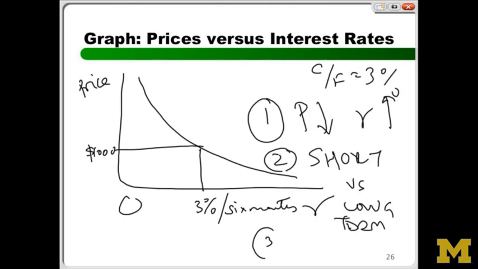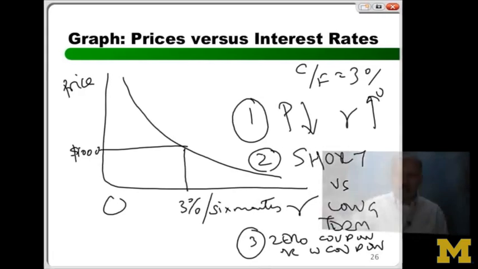Finally, whose price will jump around most? Zero coupon or coupon bond? And let me, for simplicity, keep their maturities the same. Whose price will bounce around more? And it's kind of related to point number 2. If you have a zero coupon bond, where is all your money coming from? Supposing it's 10 years maturity, all your money is coming 10 years from now.